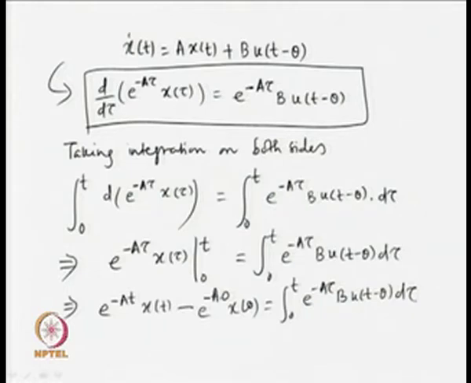Further, this e to the power minus a times 0 will be equal to 1 or identity matrix depending on the order of A.